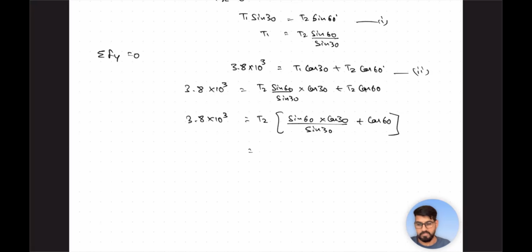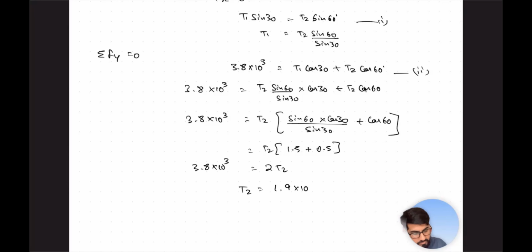Sin 60 times cos 30 divided by sin 30 is 1.5, plus cos 60, which is 0.5. So 2 T2 equals 3.8 into 10 raised to power 3. So T2 will be 3.8 divided by 2, which is 1.9 into 10 raised to power 3 Newton. So this is my answer for T2.